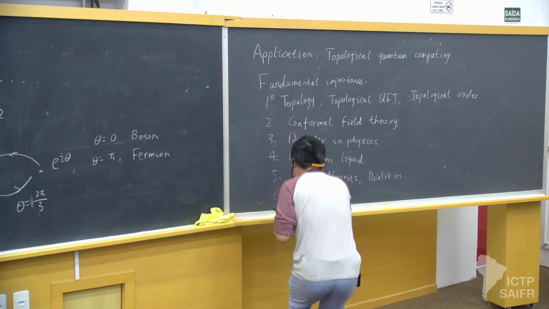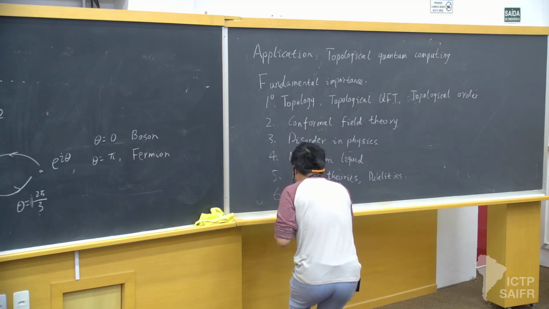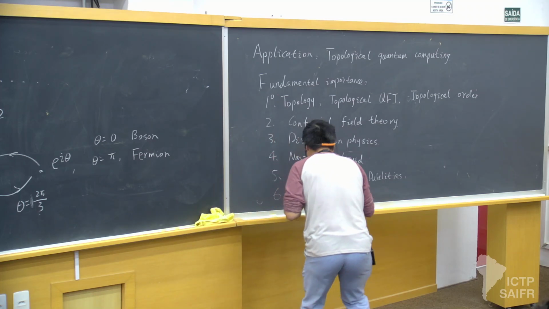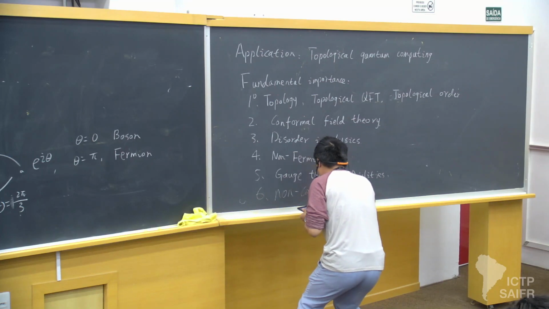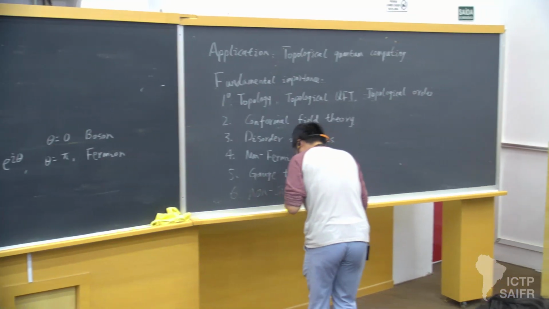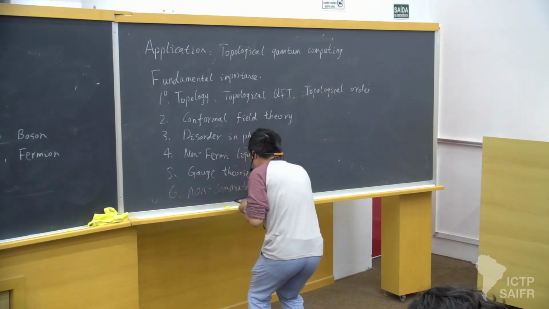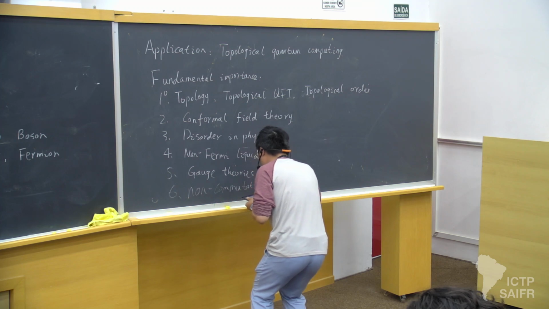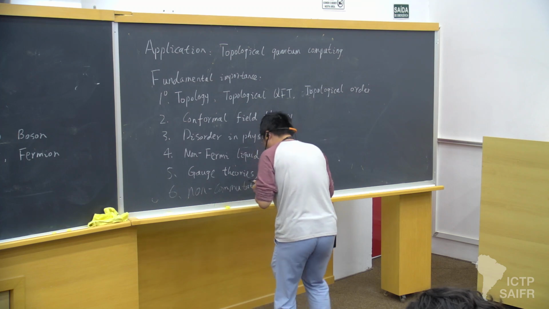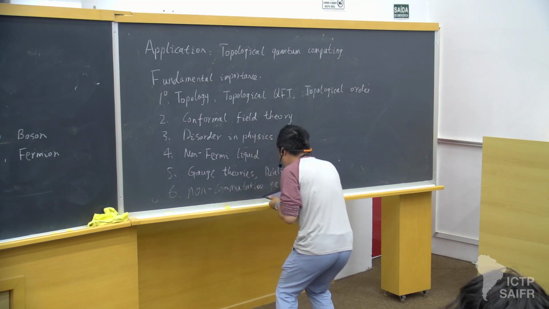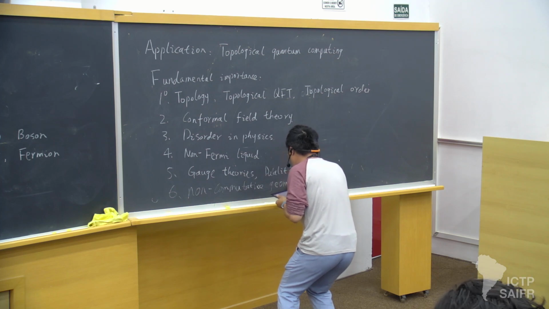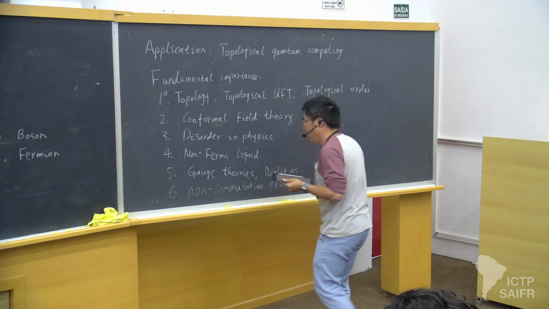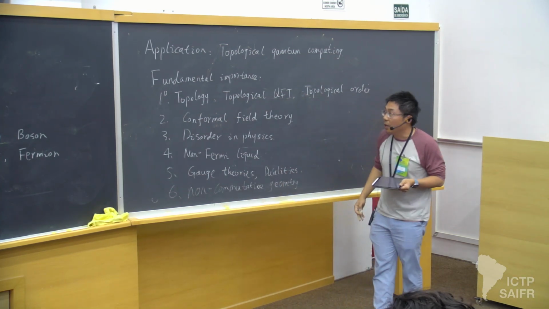And there are also some other things. One thing that has gotten me excited recently is the so-called non-commutative geometry, which also naturally appears in the quantum Hall context. So this list can actually be much longer, right?